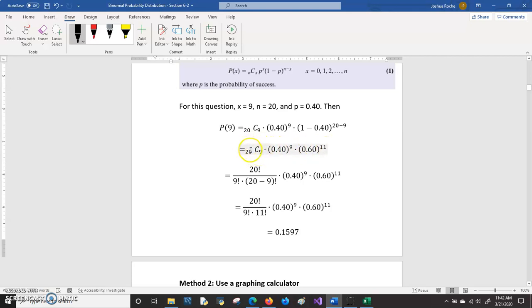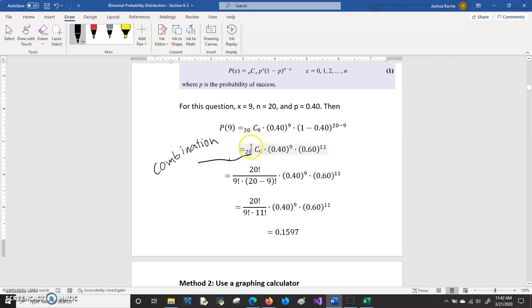This right here, the 20C9, is called a combination. There are a lot of applications of combinations, and in our class, for now, we won't go deeply into it, but you can either calculate this in your calculator directly.